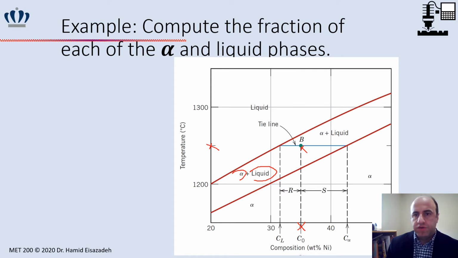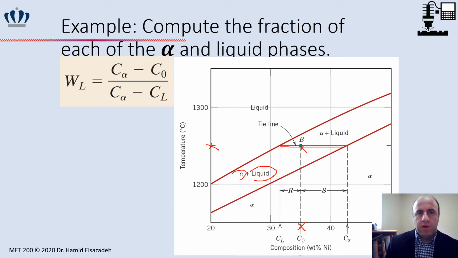So we need to construct this tie line, and then we can determine the amount of liquid phase. Liquid phase is this length. You have to determine first S divided by the total length.